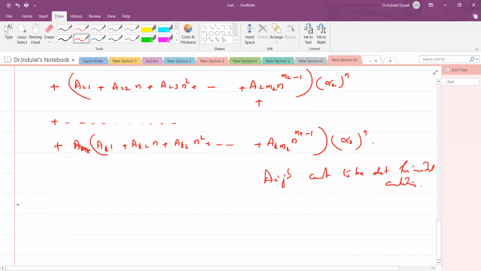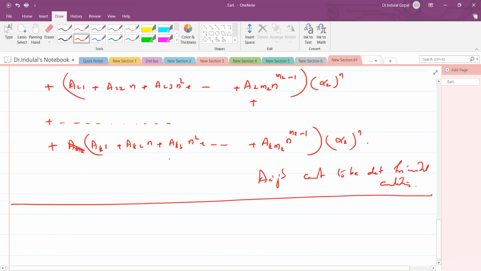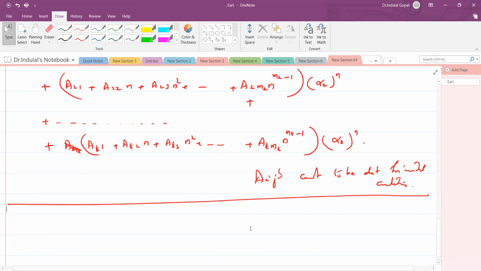Let us solve, as an example, the recurrence relation we tried to solve using the backward method. This is a_n equals a_{n-1} plus a_{n-2}, subject to the initial conditions a0 equal to 1 and a1 equal to 1.